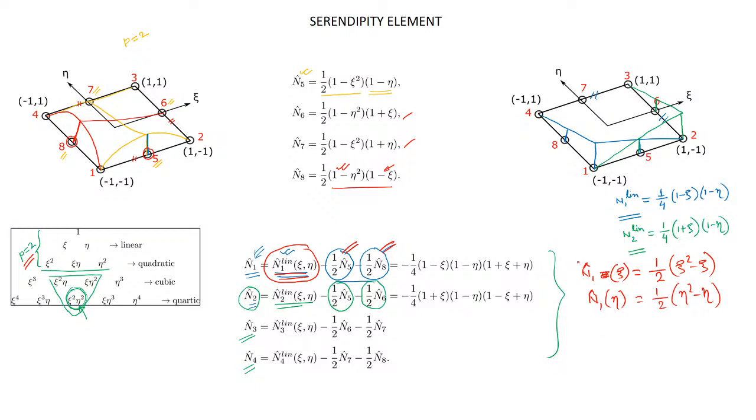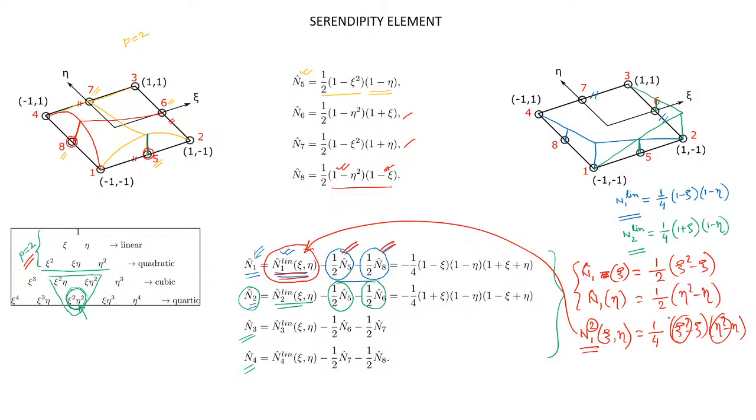Now if I take the product of these to derive the shape function for the 2D case, n1 of xi comma eta, then I get 1 by 4 times xi square minus xi and eta square minus eta. If I call this n1 for p equal to 2 and substitute it here in place of the linear one, you see that we have a term xi square eta square.